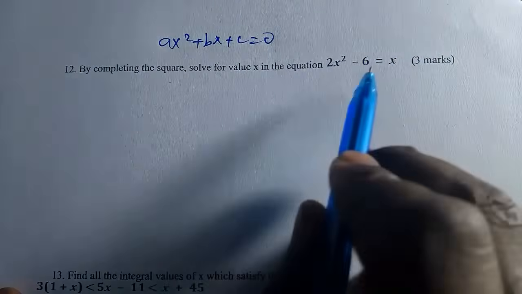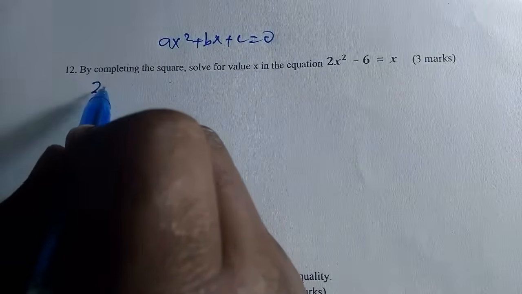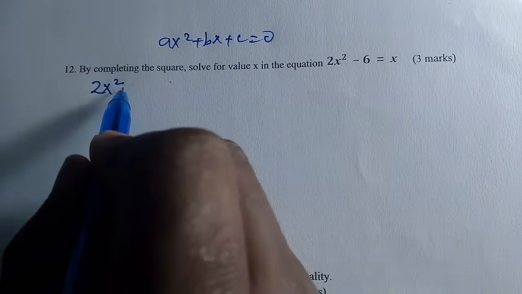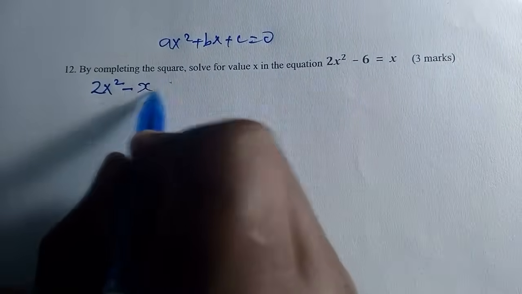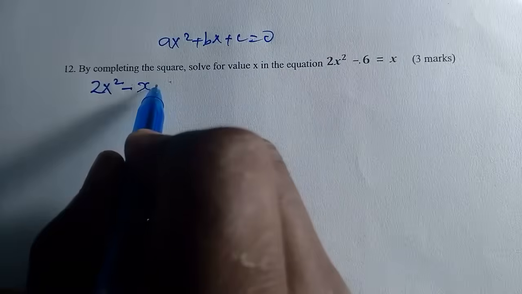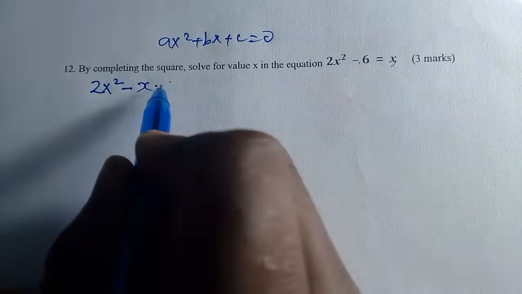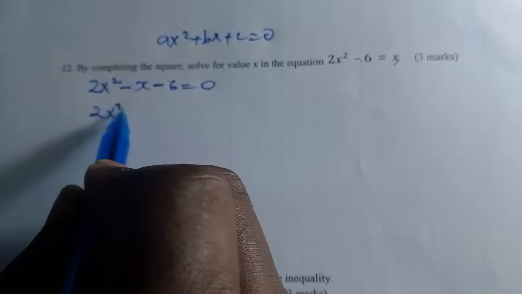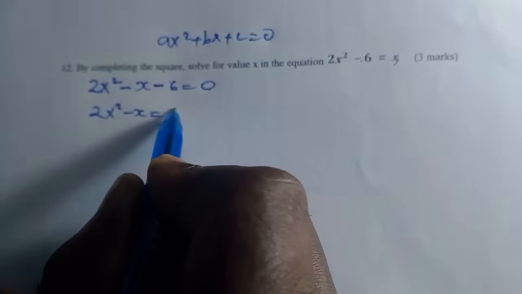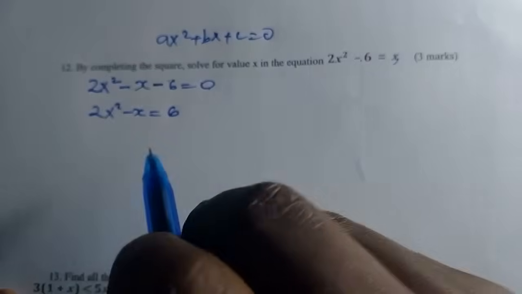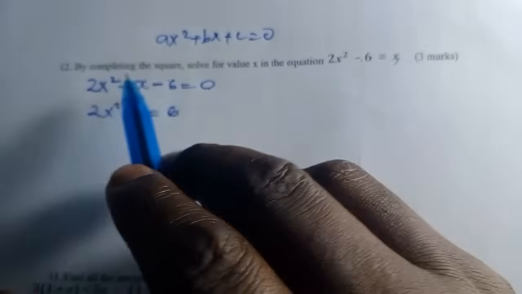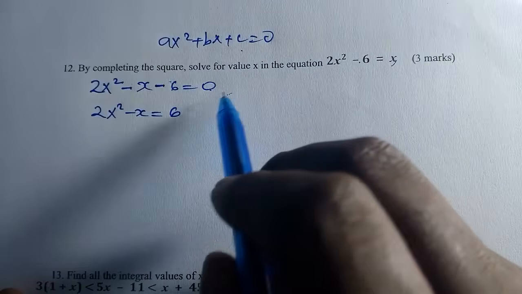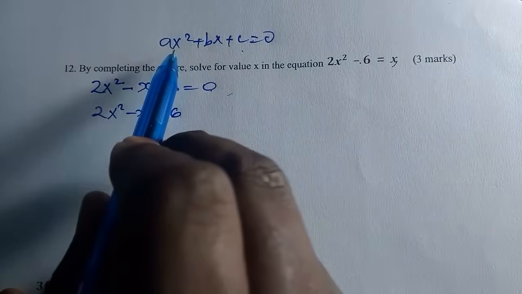So rearrange, this is 2x squared minus x, take this to the other side, minus 6 equal to 0. Take this here, 2x squared minus x is equal to 6. When you are using this method, completing the square, you must ensure that the constant c is on the right side, and the coefficient of x squared is always 1.